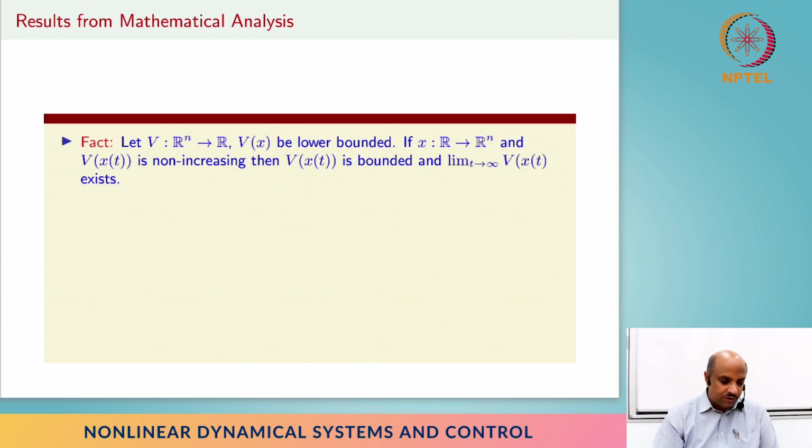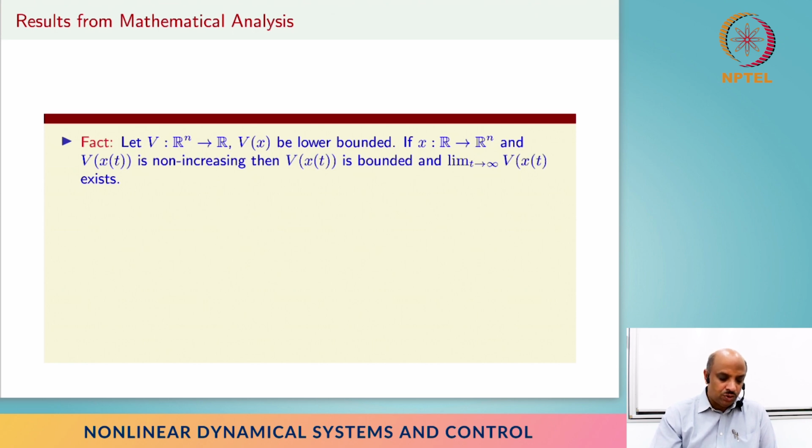One of the standard facts that we have come across earlier is that if V is lower bounded and on a trajectory x, V of x of t is non-increasing, which we can loosely call decreasing, not strictly decreasing, then V of x of t is going to be bounded.